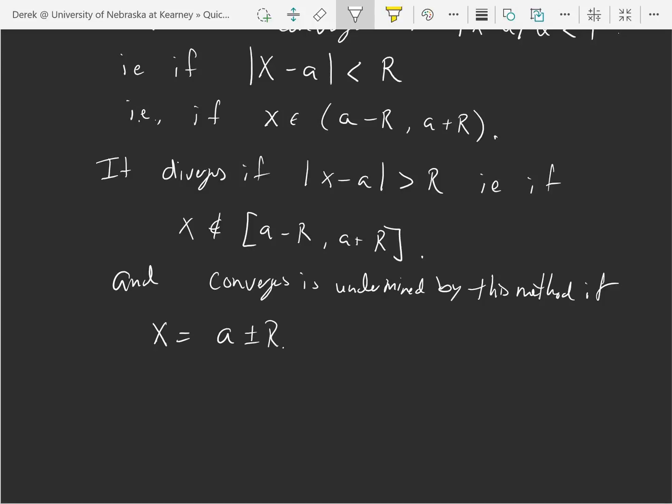Okay, so that is exactly what the theorem had told us just by using the root test on that power series.